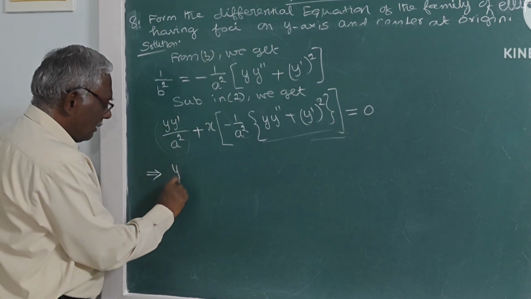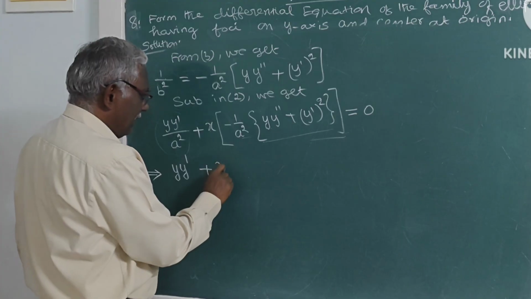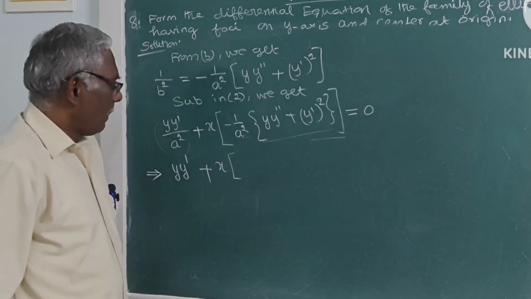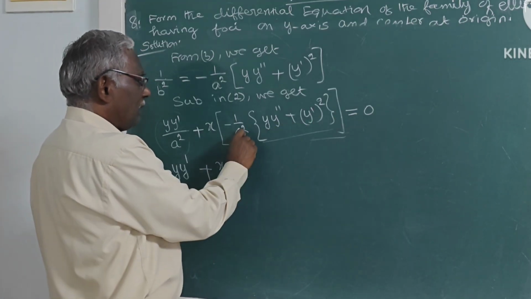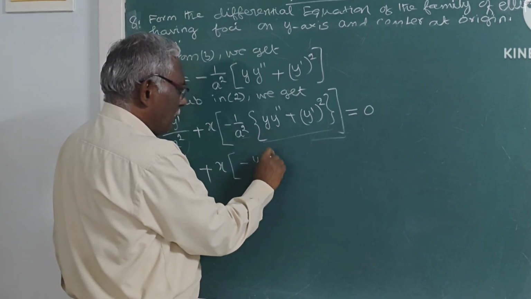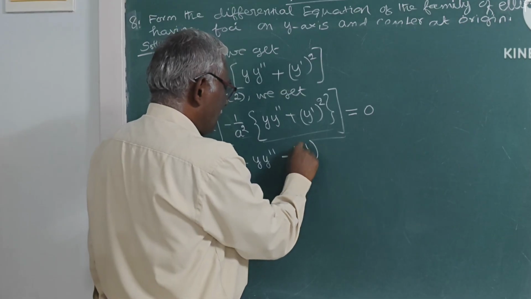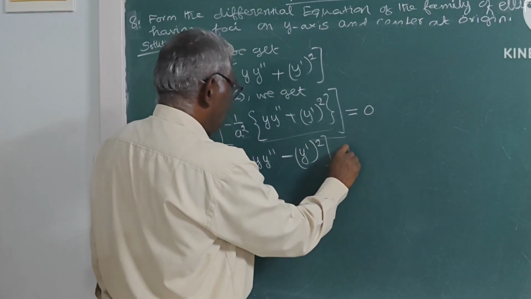What will we get? y dash plus x into, a square gets cancelled, minus y double dash minus y dash square is equal to 0.